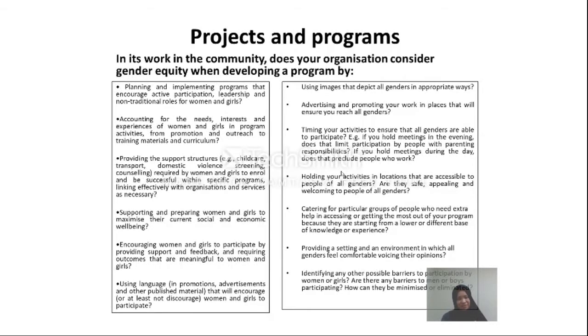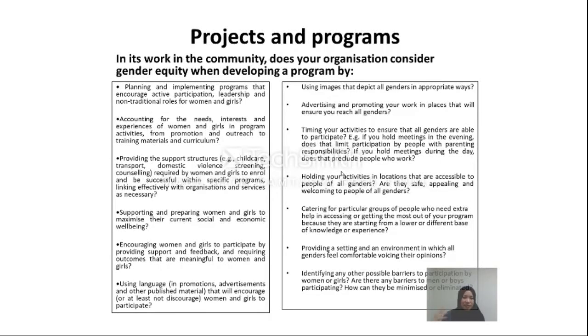And the last one is identifying any other possible barriers to participation by women or girls. Are there any barriers to men or boys participating too? How can they be minimized or eliminated? So these are questions or checklists that we may answer in order to ensure that our programs or projects are gender responsive too.